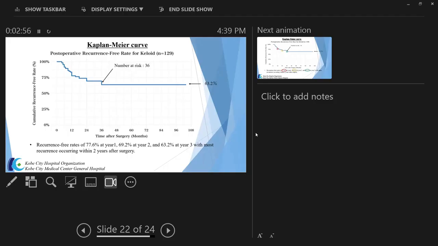So perhaps in her data set, their center treated that way, those who did not recur in the first 3 years are cured. I wanted to emphasize this slide set of her presentation.